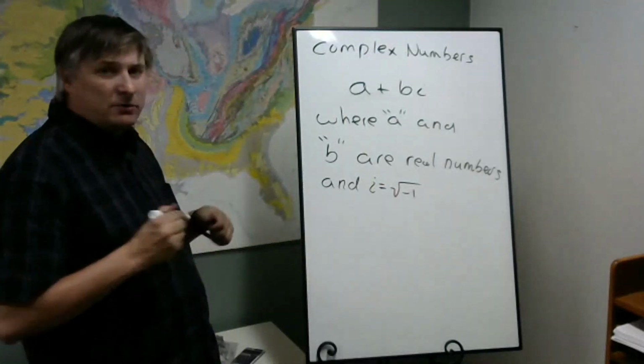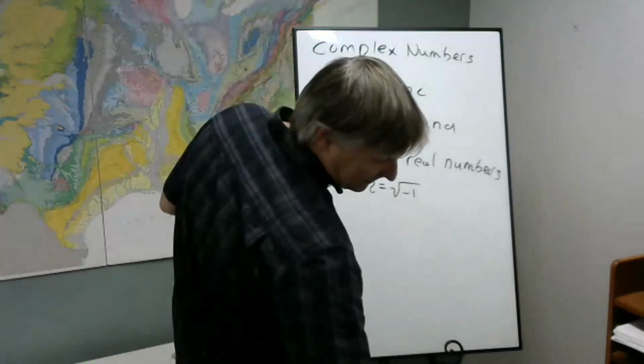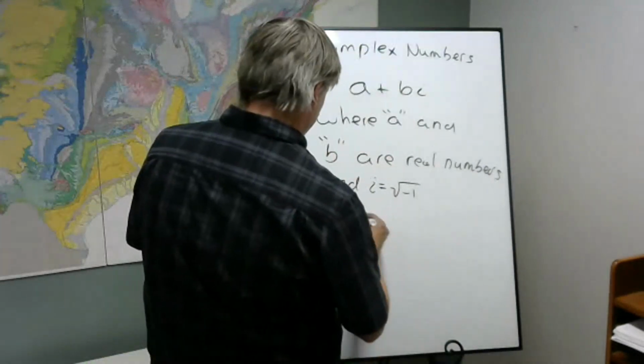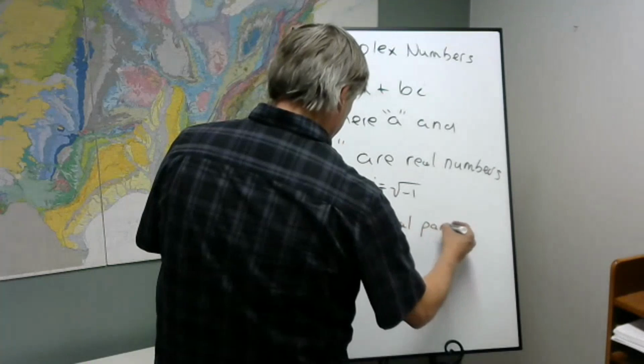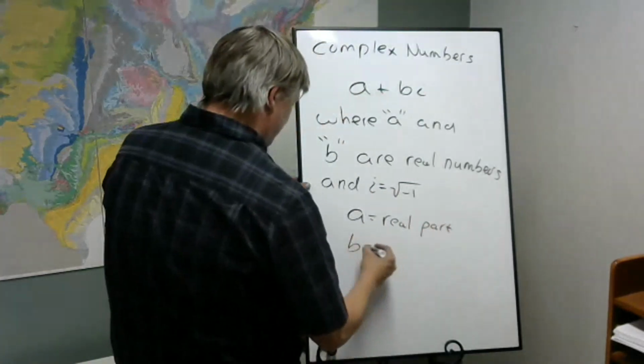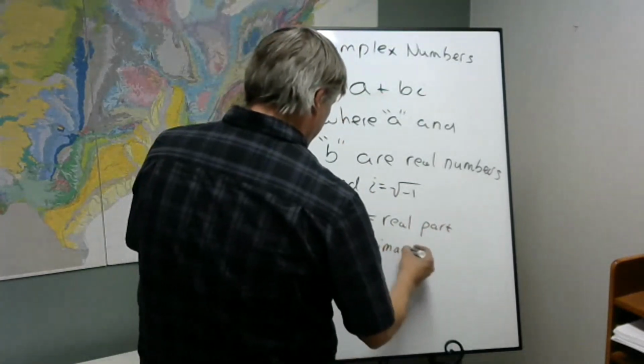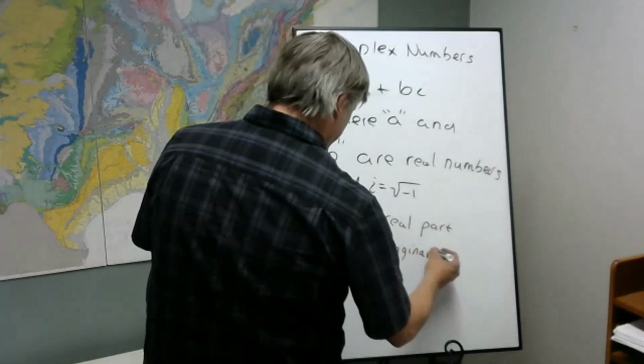We call A the real part, and we call B the imaginary part.